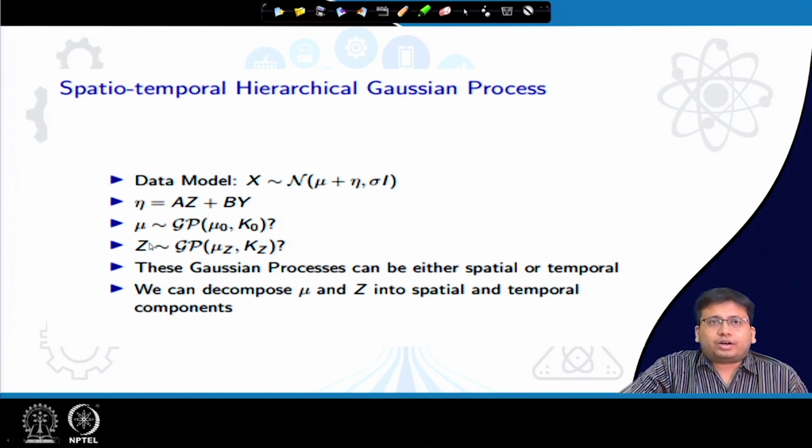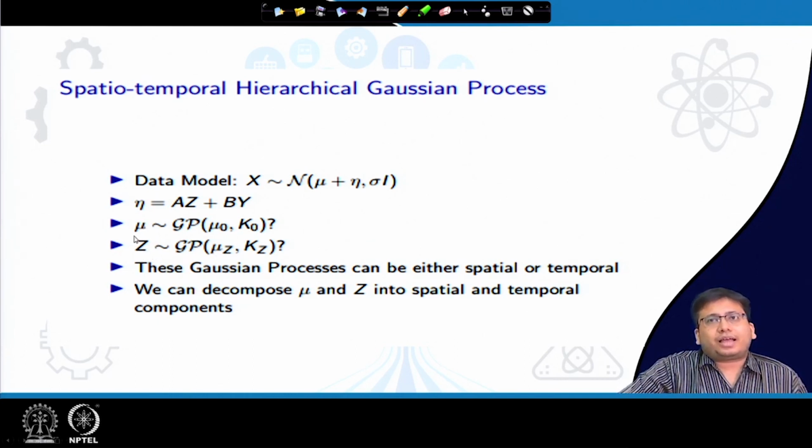These mu and z are variables to be defined over all the locations. Mu is something like the static component, the local component of every location, and z is the latent variable which is also defined over all the locations. In this version I can sample both mu and z from Gaussian processes.